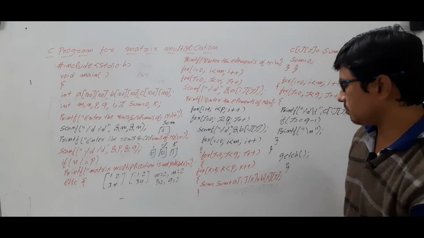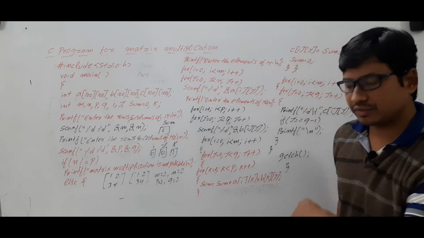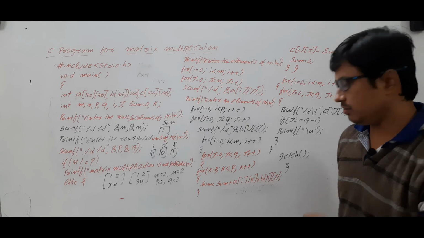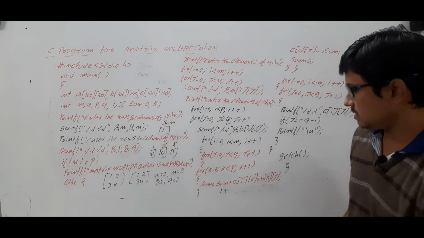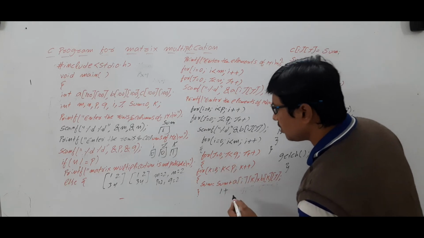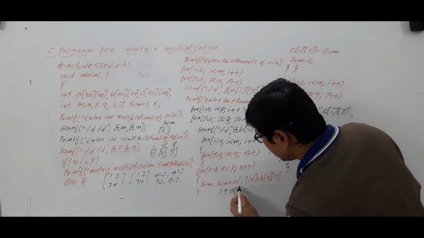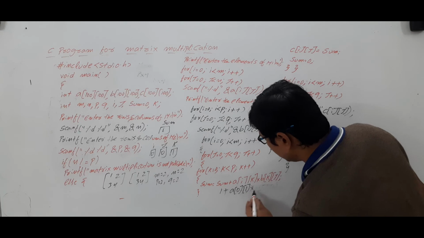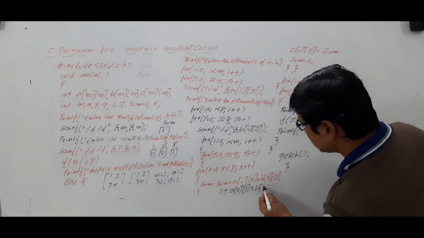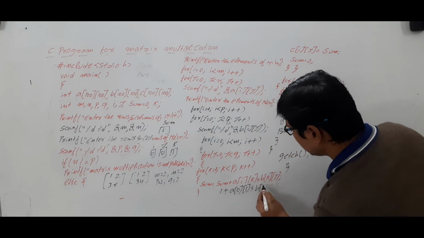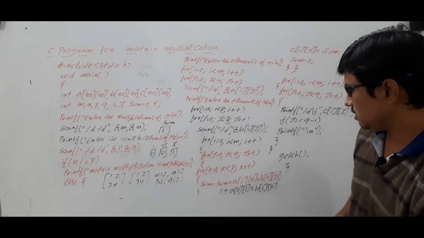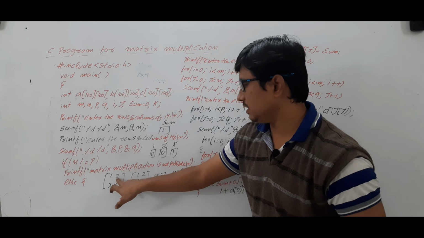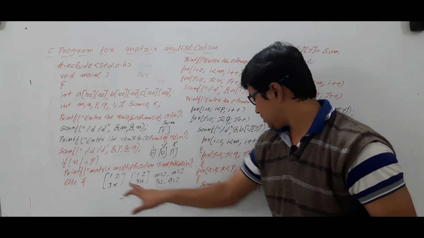Sum is equal to sum plus a of i of k into b of k of j. Currently what is the sum? 1, plus a of i is 0, k value is 1, into b of k value 1, j value 0. So you are multiplying the elements here and here. This is 0 1.